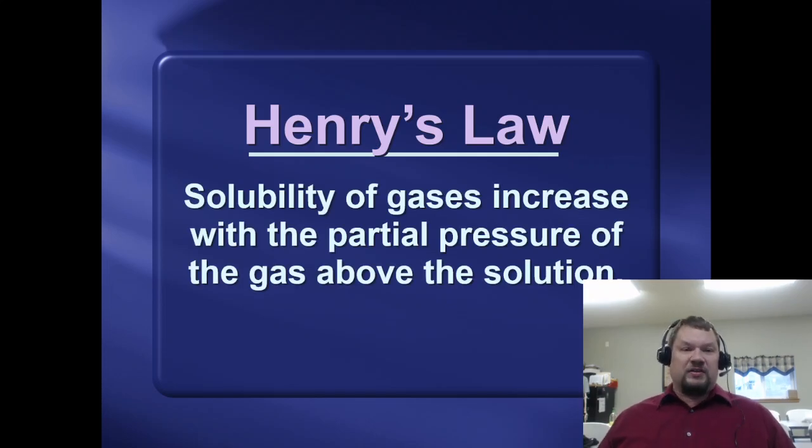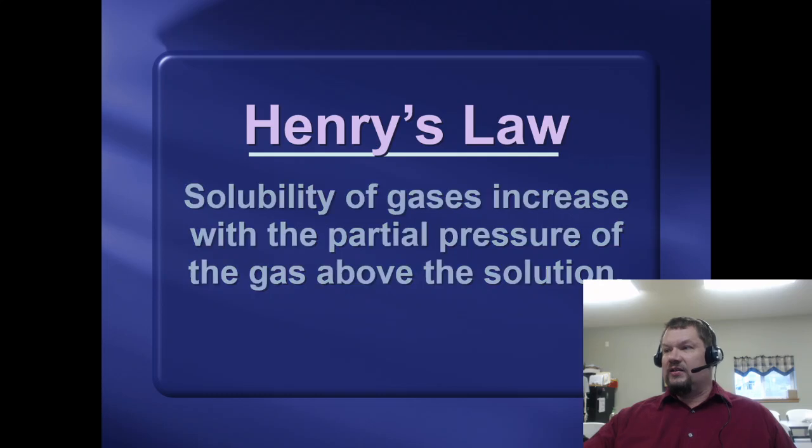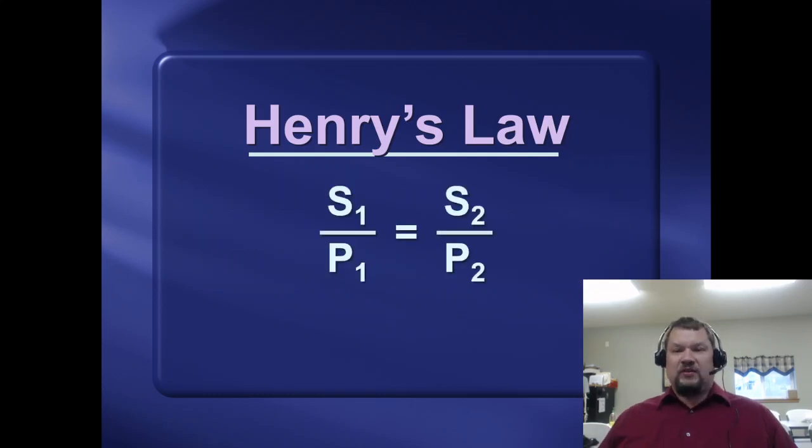This brings us to Henry's law. Henry's law states that the solubility of gases is directly proportional to the partial pressure of the gases above the solution. It is expressed as S1 over P1 equals S2 over P2, where S is the solubility of the two different gases and P is the partial pressure above the gas-liquid solution.